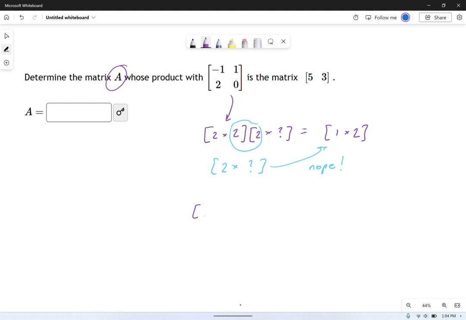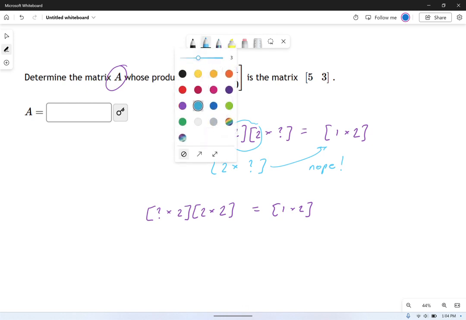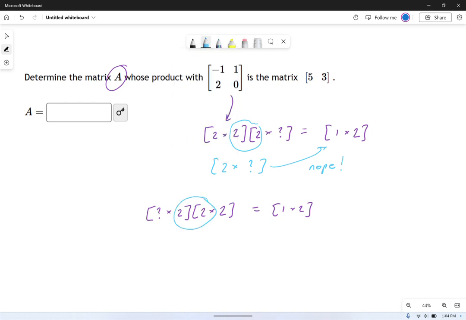So instead, let's try this idea: 2 by 2 times something on its left. Now I know the matching dimension has to be 2. So it becomes something by 2 times a 2 by 2 equals a 1 by 2. Well, these dimensions right here, just like before, are going to cross out. And what I'm left with is something by 2 equals 1 by 2.